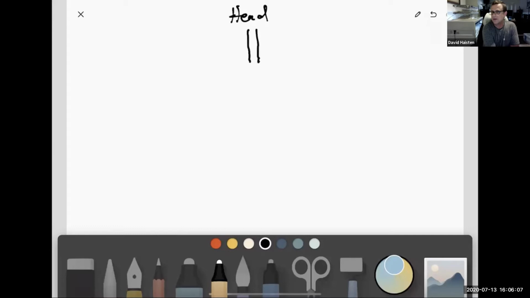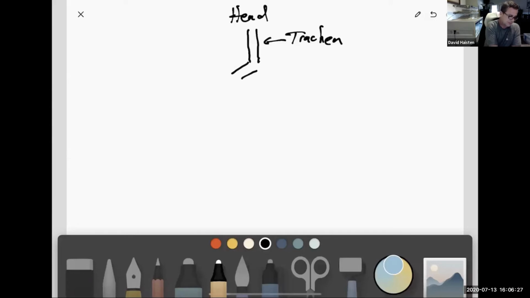Okay, there's your head. I don't want to draw it. So we move down. This is your trachea. The trachea is going to split into what are called bronchi.